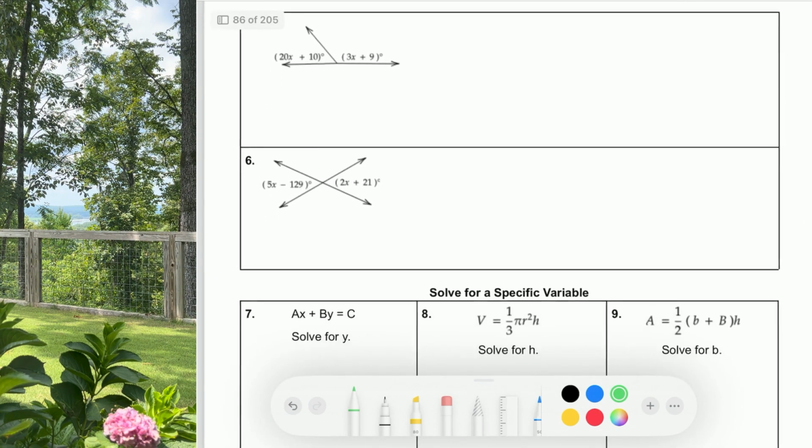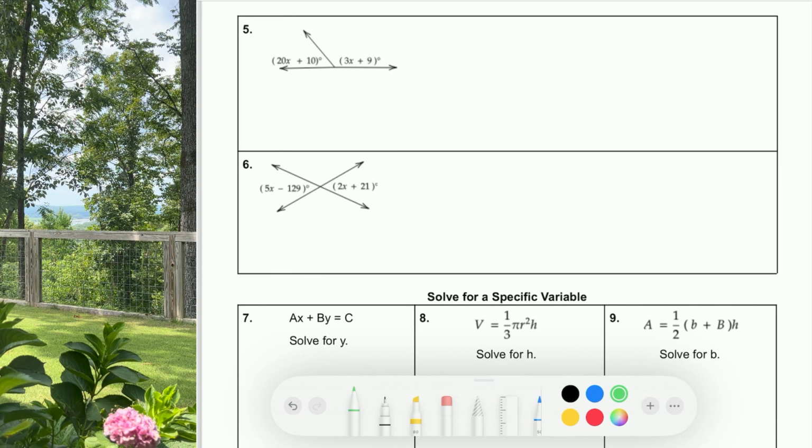look at number 5. We have A plus B equals 180. Remember, both those angles added together create that straight line. So that's 180 degrees. So I'm going to label these and then plug them in. All right, so the measurement of angle A is 20x plus 10.